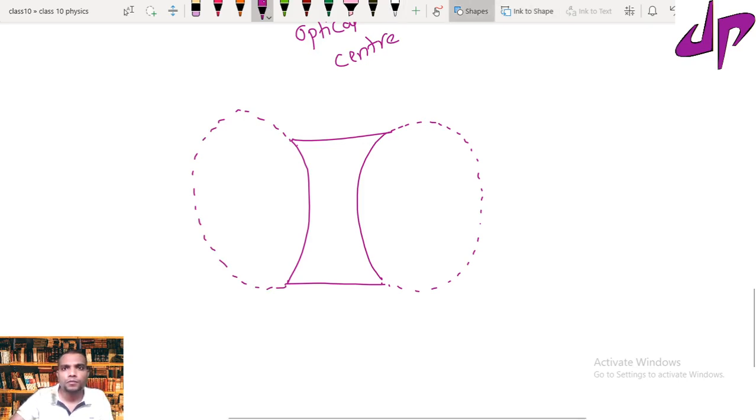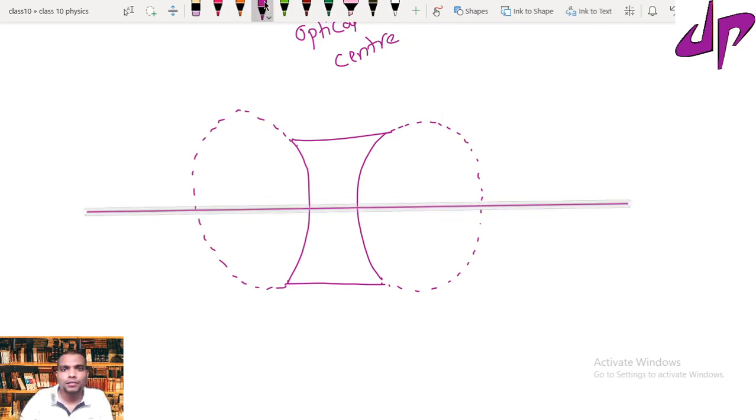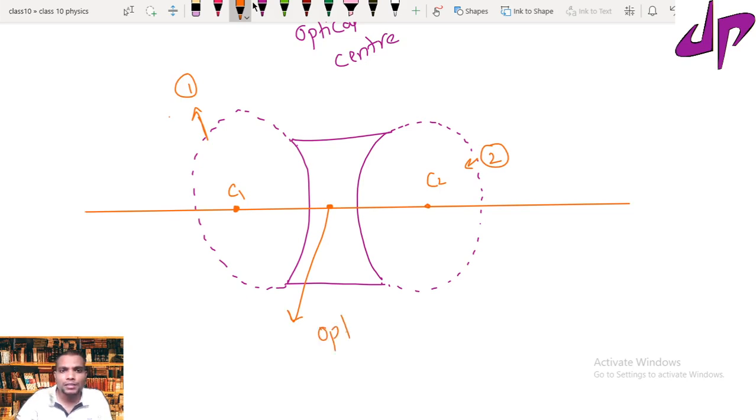If you draw an imaginary line passing through, this is the first sphere having center of curvature C1, and this is the second sphere having center of curvature C2. And the mid portion of the lens is known as optical center, and the rest of the definitions are as usual.